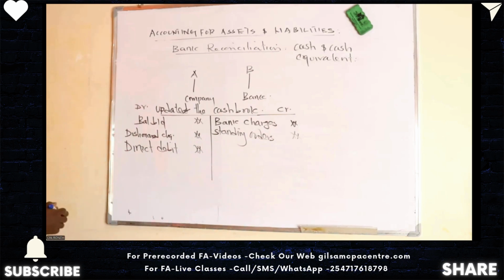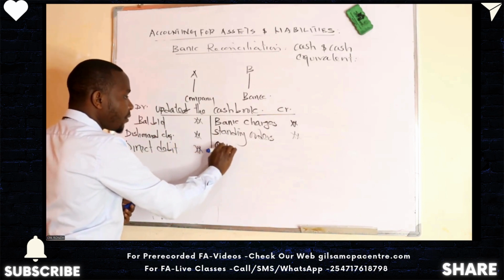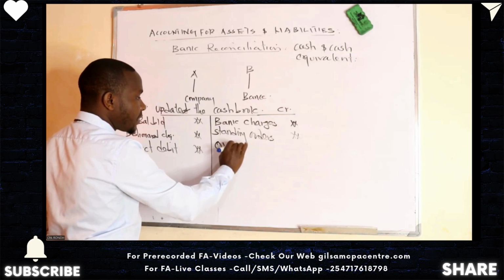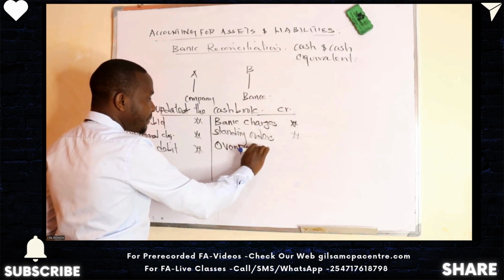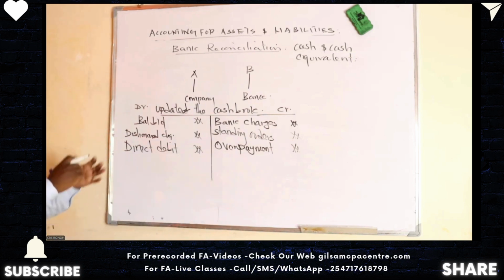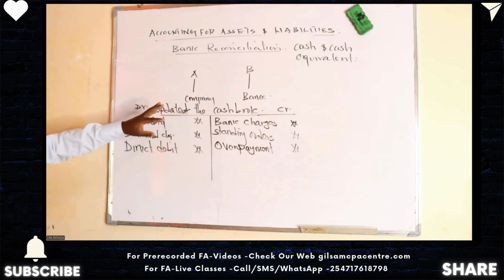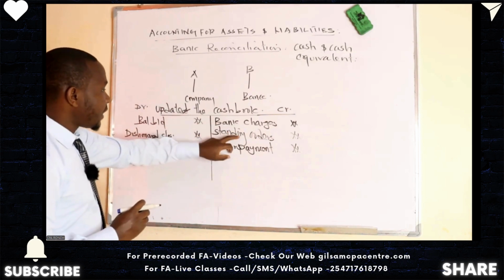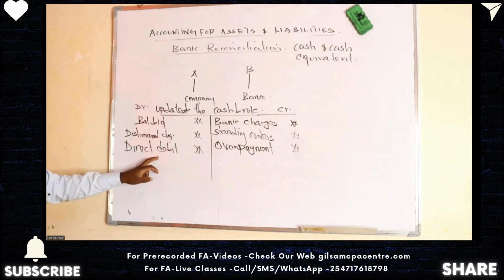You might have other items which affect the cash book, maybe overstatement or overpayment, but these are the major ones: bank charges, standing orders, and the direct debit.